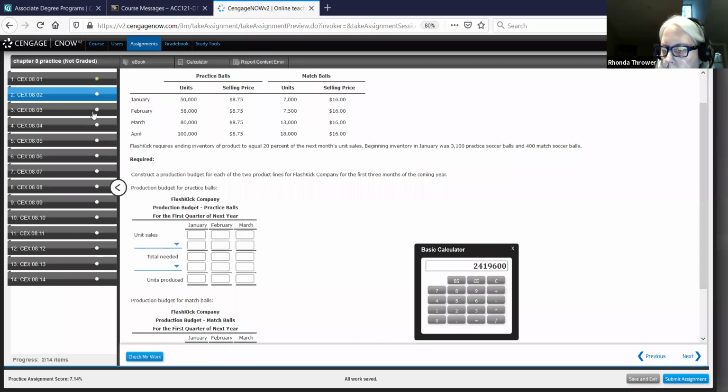And then while I'm over there, I'm going to also look at the production budget for the match balls for January, February, and March. So hang on just a second. I'm going to flip back to 801.